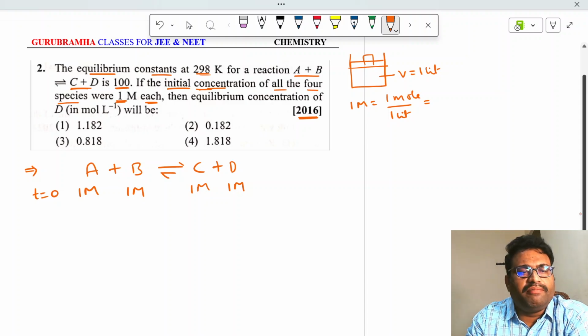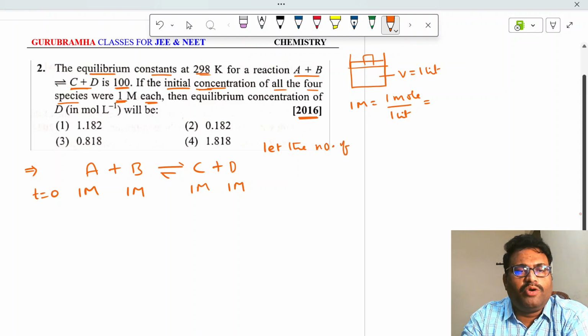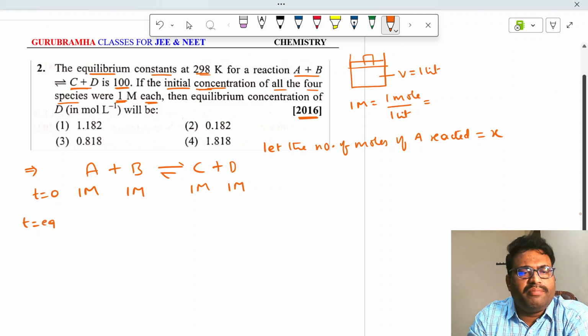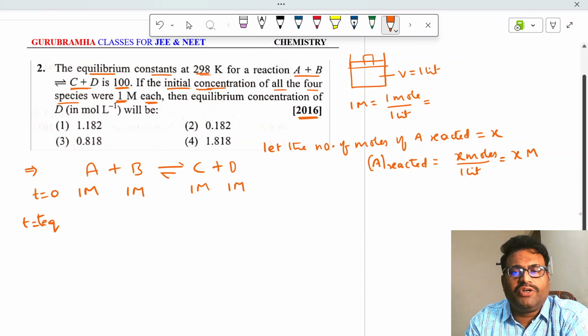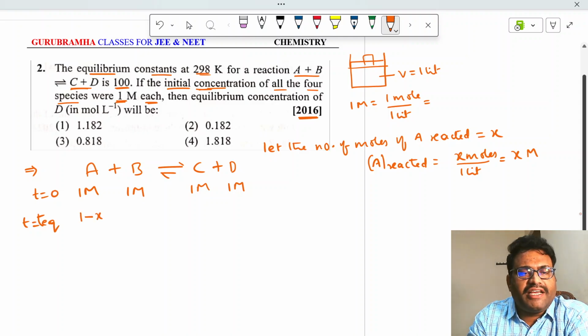At time t equal to equilibrium, let the number of moles of A reacted be x. At equilibrium, x mole is reacted, so the concentration of A reacted will be x moles by 1 liter, that is x capital M. So I can write it as 1 minus x.